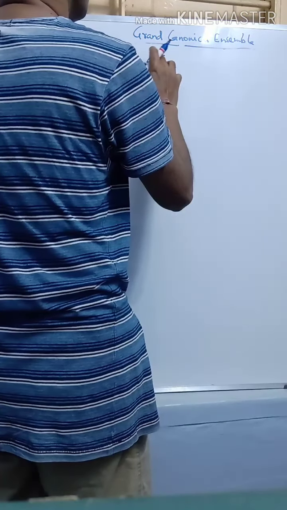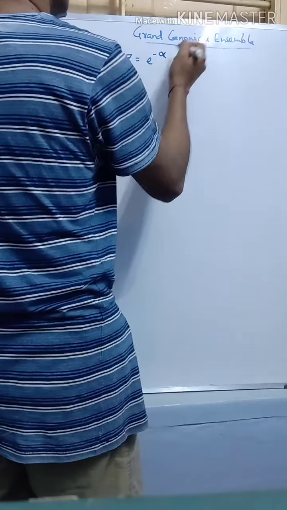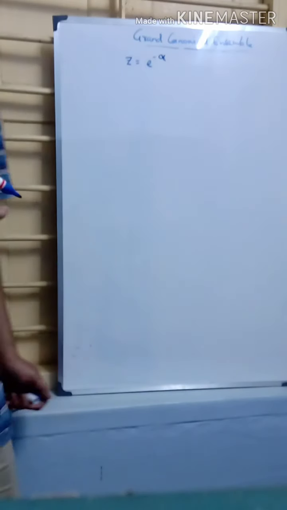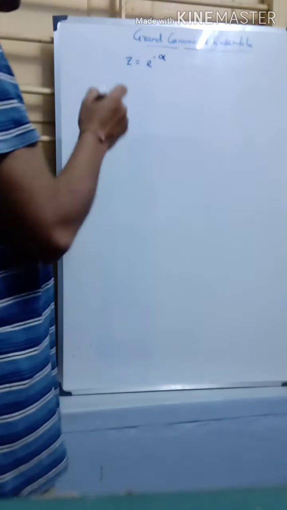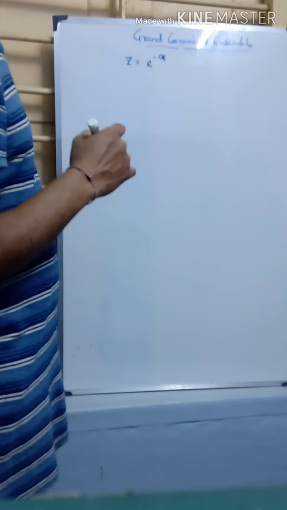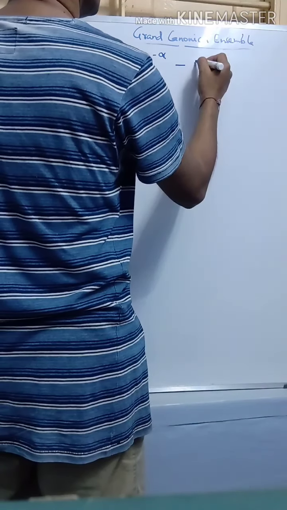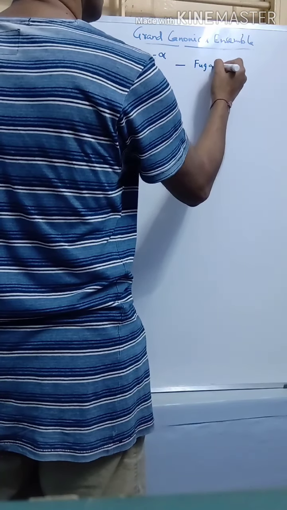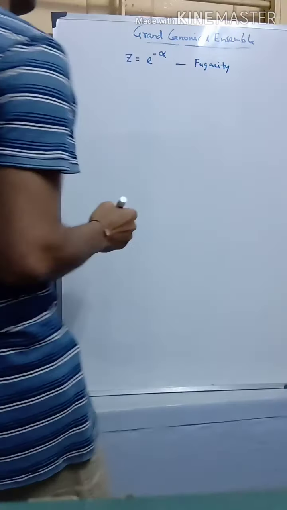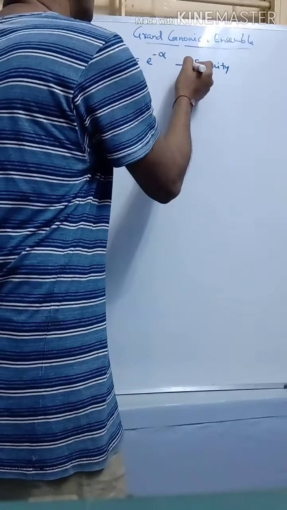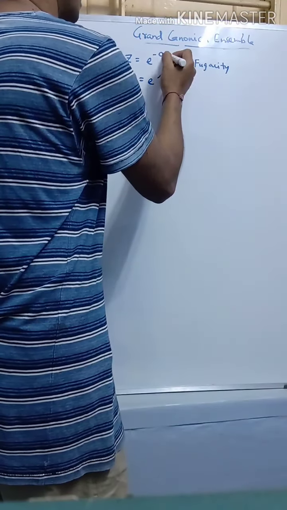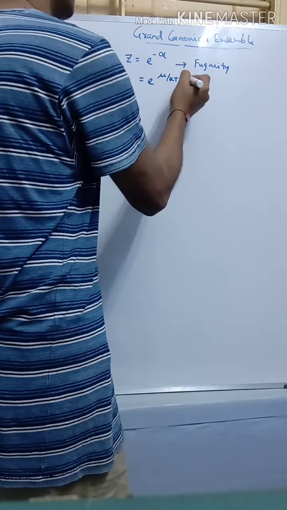Sorry, it was not mu, it was minus alpha, where alpha was the Lagrange's undetermined multiplier, and this can be called the fugacity of the particular system. Now, this parameter is basically a measure of the chemical potential, because we know that alpha is minus mu by kT. So, this is called the fugacity.